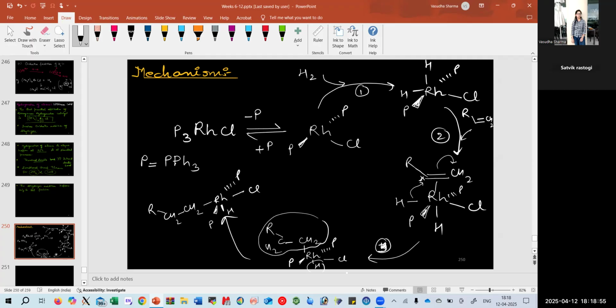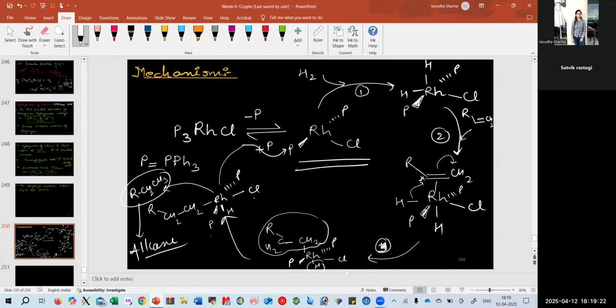Now, when they are in cis position, they can release the product as RCH2CH3, which is your product, and gives back your catalyst, because ultimately it would be left with only phosphine and Cl. Sorry for the clumsiness over here, but there is not much space. So ultimately, we got an alkane as our product, and we regenerated the catalyst back to its form.